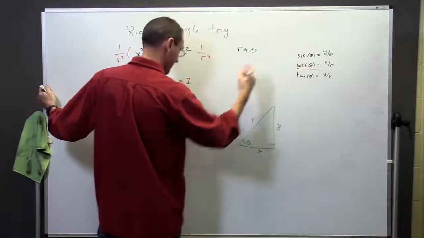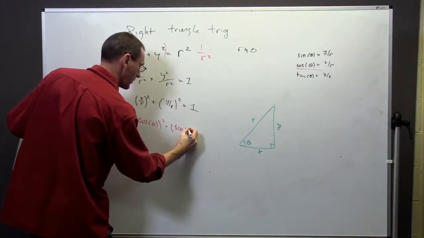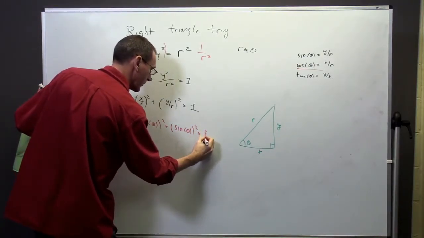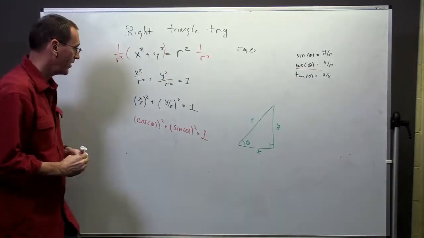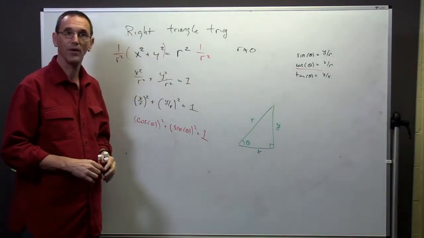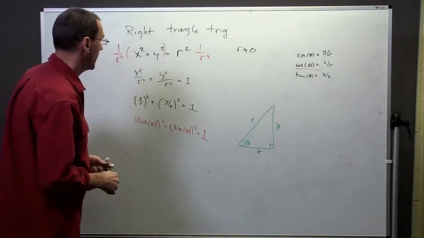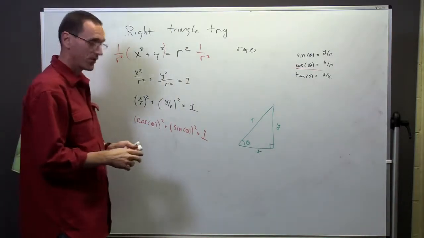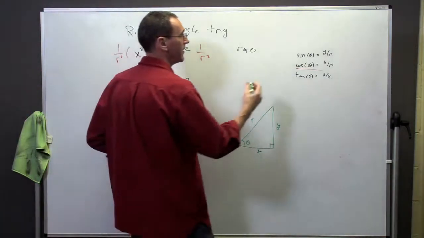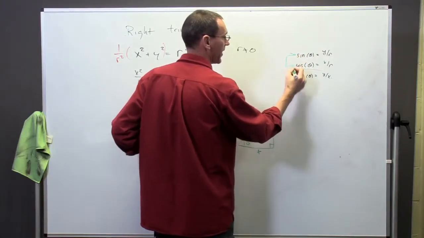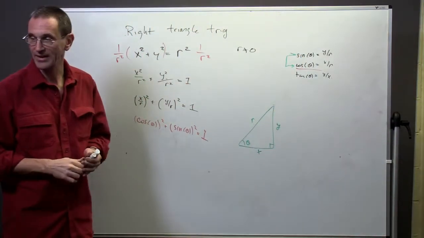Y over r is sine. So I get cosine squared plus sine squared equals 1. Okay? This is oftentimes referred to as the Pythagorean identity, and what happens is this means that sine and cosine are explicitly tied together.